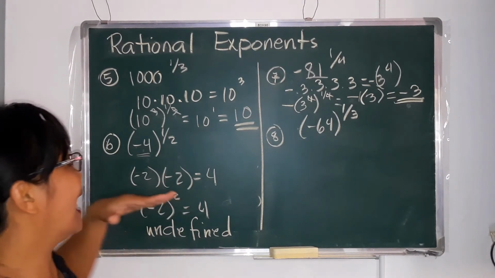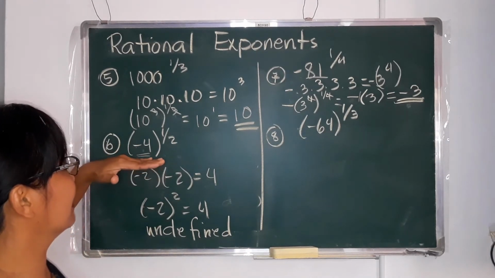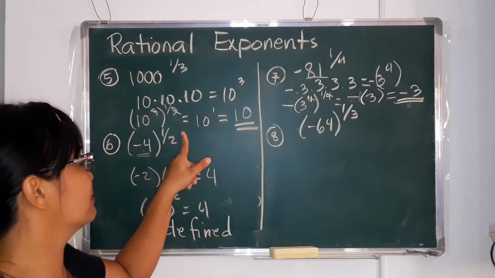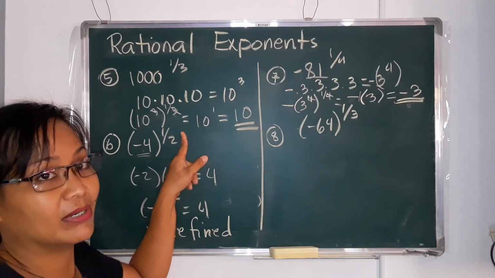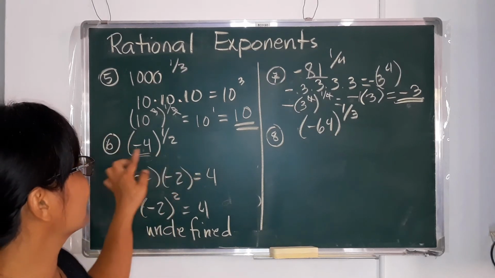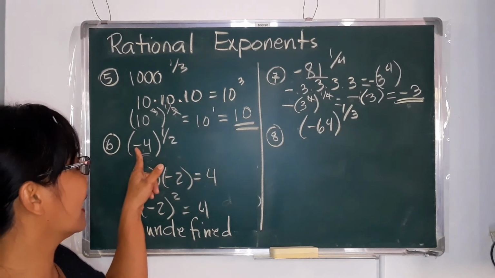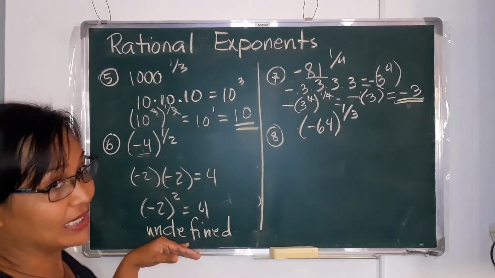Okay? I'll repeat, if the negative base has an even number exponent and there is a close and open parenthesis that includes the negative sign, then the answer is undefined.